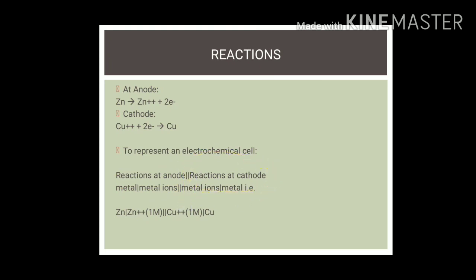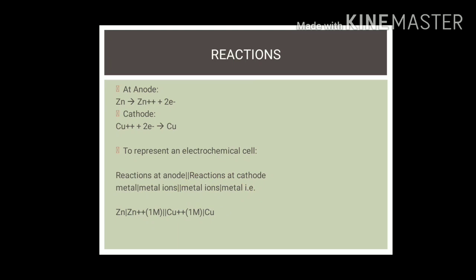In detail, the metal of the anode is separated by a single line from its metal ions in the solution, and then 2 lines follow. It means this is one half electrode reaction, and after 2 lines comes the other half electrode: its metal ions, and after reduction its metal.